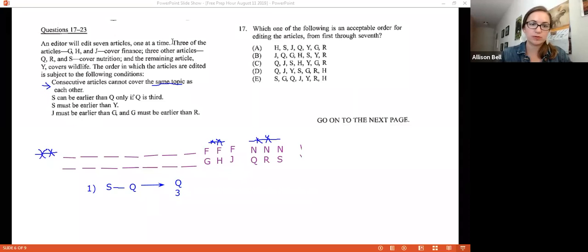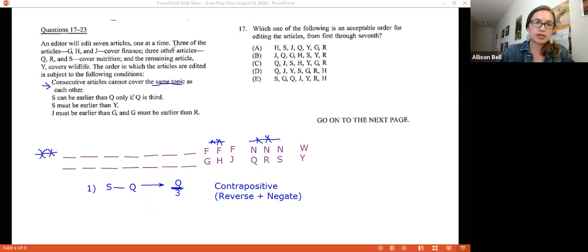So if S is before Q, then I have to have Q in 3. That also means I want to think about what we call the contrapositive, which is if I have a conditional, I can always reverse and negate that conditional, and my new statement will also be logically valid.